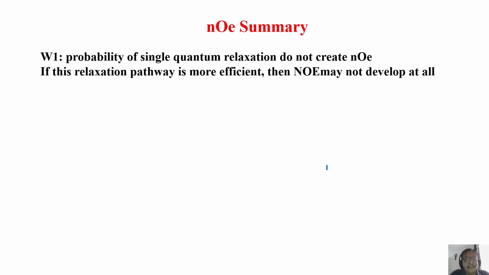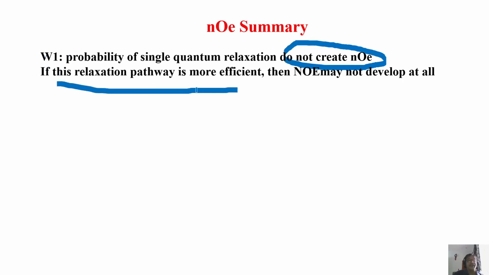So, what is the final summary of NOE? If there is a W1 probability, single quantum, that will not create NOE at all. Supposing in your molecule, this is the most efficient relaxation pathway, this one. In your experiment, whatever you do, you will not get an NOE signal. Because this relaxation pathway, W1, is dominant, and that is not in your hands to control. You can't control it. If the system naturally is like that, you may not get NOE at all.